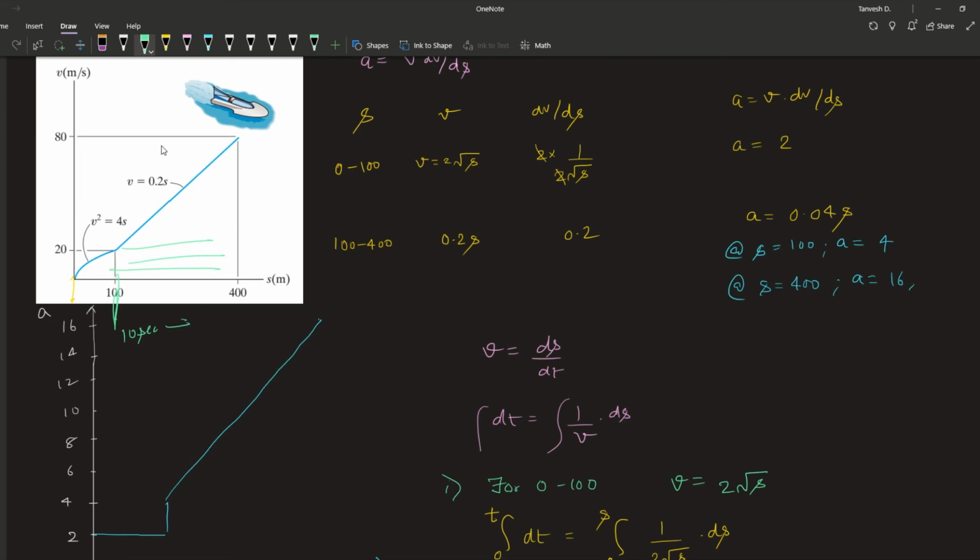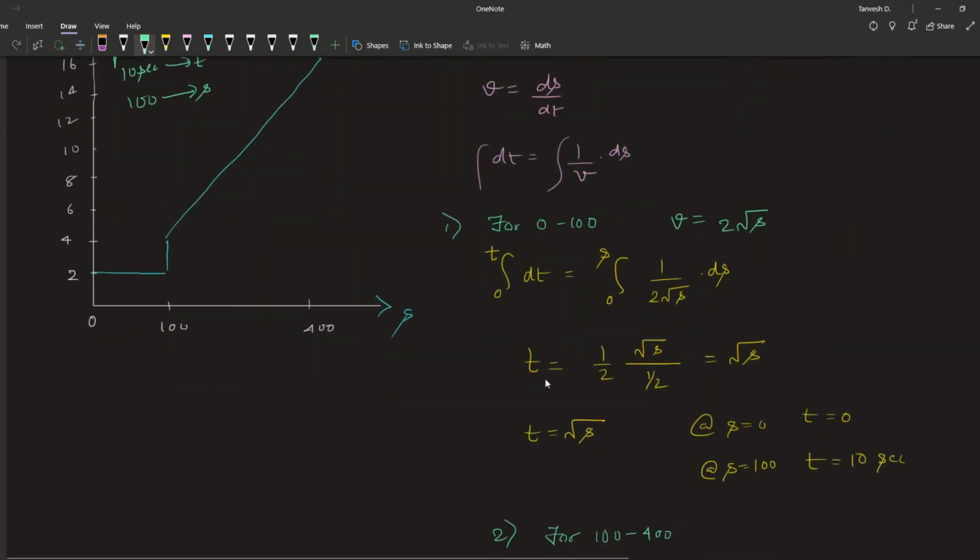So from 10 seconds to t will be the integration limits of time, and from 100 to s will be the integration limits for displacement.